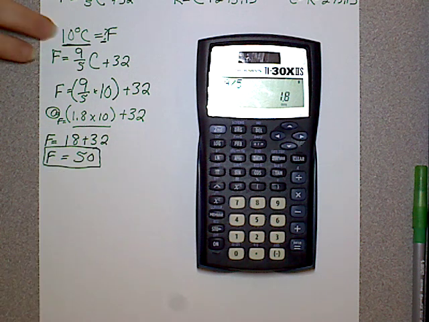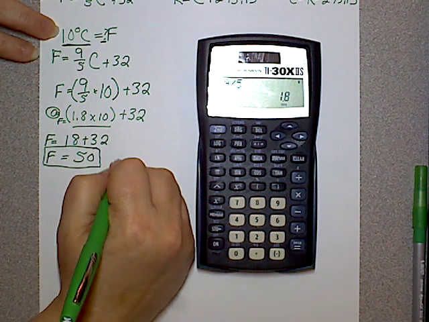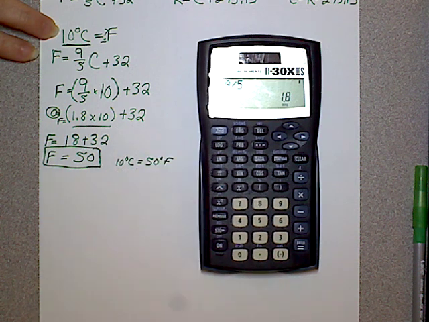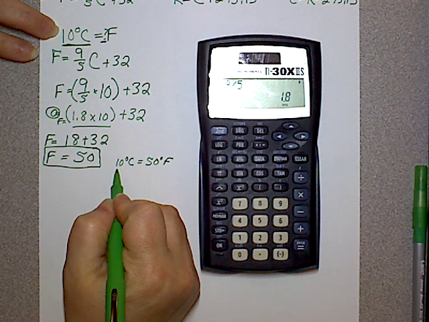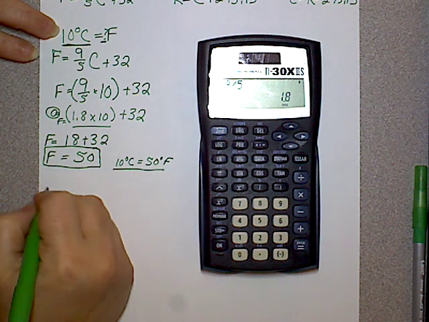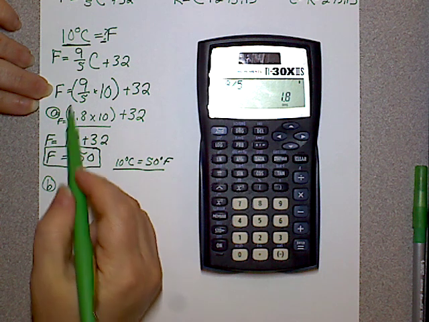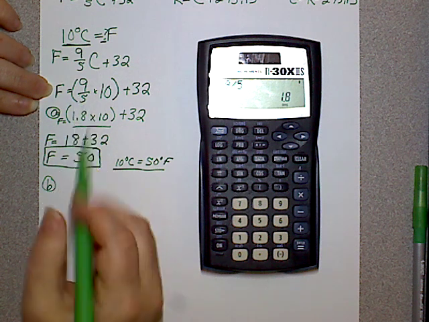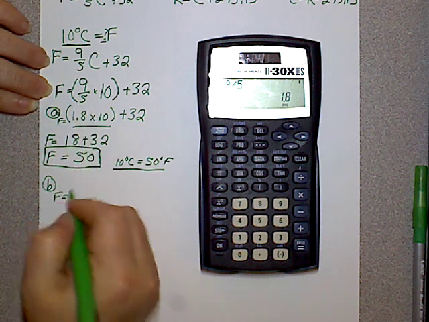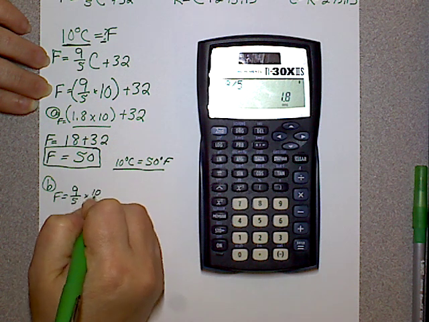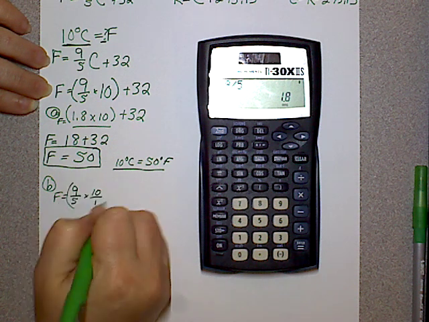So 10 degrees Celsius equals 50 degrees Fahrenheit. The other way you can do it is, instead of doing the 9 divided by 5, you can do 9/5 times 10/1.